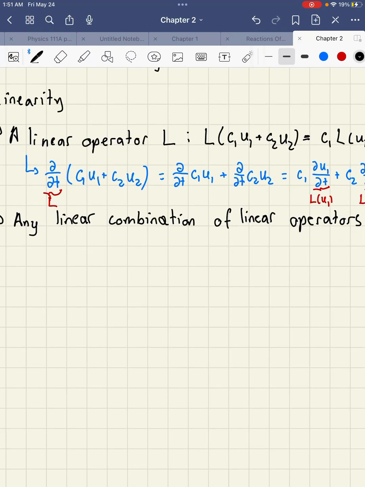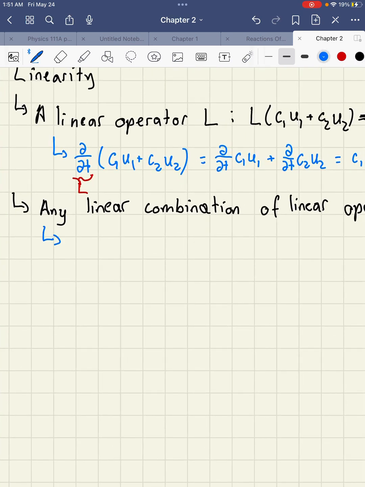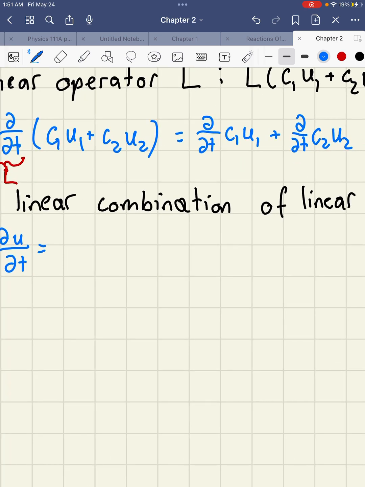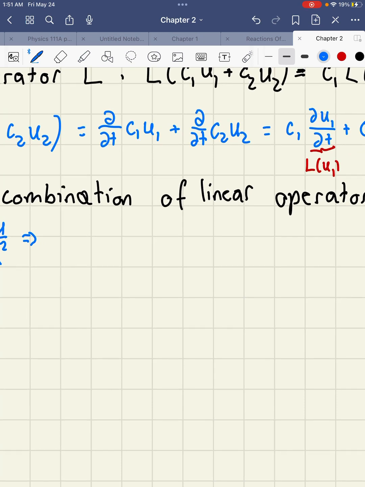Now, let's recall our heat equation, where partial u partial t is equal to k times the second order derivative of u with respect to x. Let me rewrite this expression slightly differently. Take everything to one side, so that it's equal to 0.